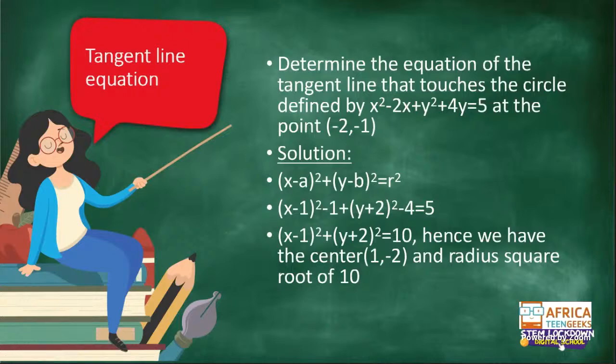The first thing that you have to do is what we call completing the square. If you look at x squared minus 2x, when you expand, you can see that it is the expanded form of x minus 1 all squared.